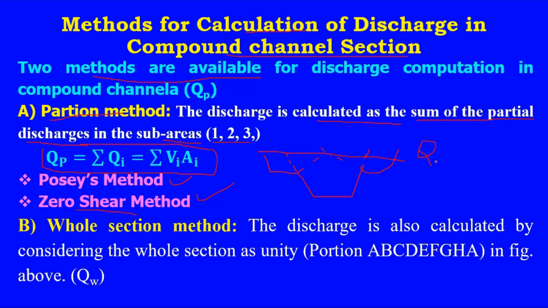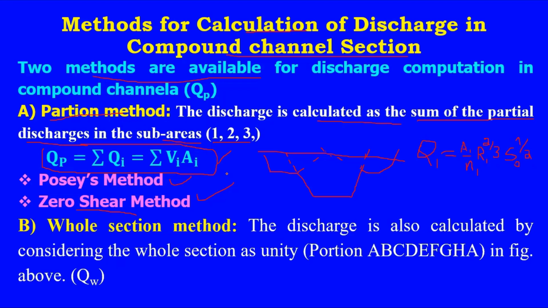For example, for Q1, you have A1 over N1 times R1, for each subsection you will consider the power 2 over 3, then S naught to the power of half, the channel bed slope to the power of half. Like that, you will have Q1, Q2, Q3 for each region, then finally you sum up all discharges, and you will have the total discharge passing through the cross section.